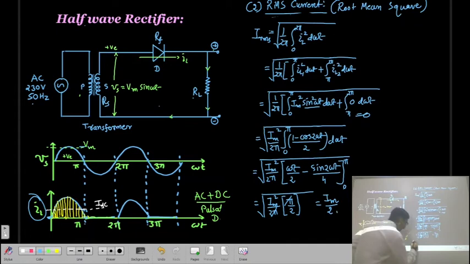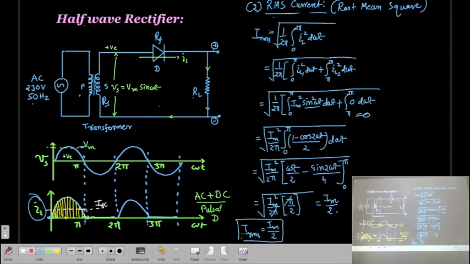So you can say the RMS value of this current is I_m by 2, and that value of the current in this waveform will be roughly here. This represents the RMS value of the current.